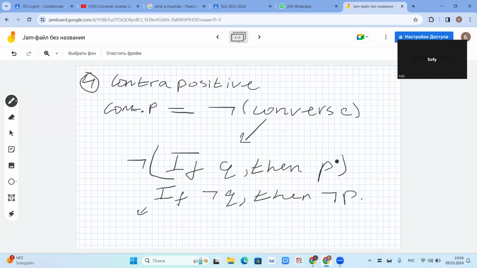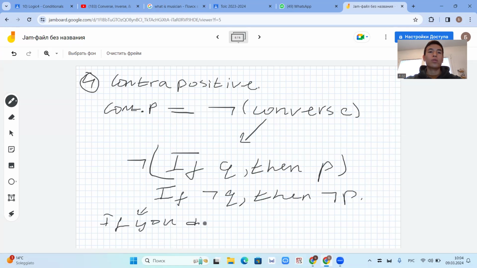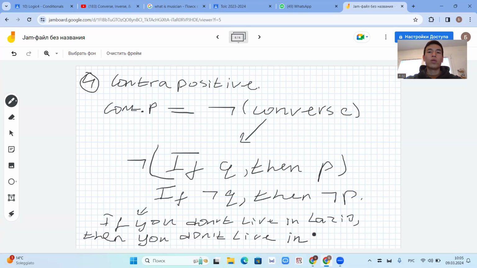We can write, if I don't live in Lazio, then I don't live in Rome. Right. We'll write, if you don't live in Lazio, then you don't live in Rome.